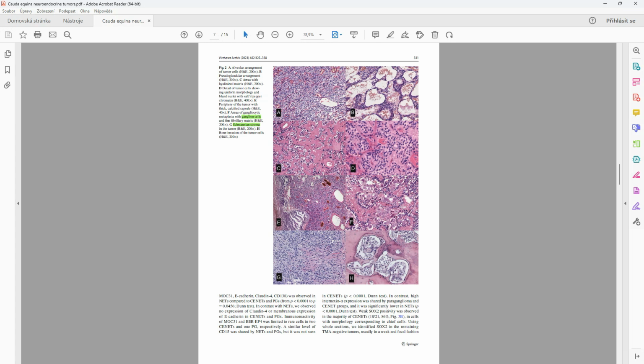So this is a little bit reminiscent of another interesting and rare lesion, and that is duodenal gangliocytic paraganglioma. So in some cases with this Schwannian component and gangliocytic component, it's morphologically very much the same as the duodenal tumor, but it's again a completely different entity.